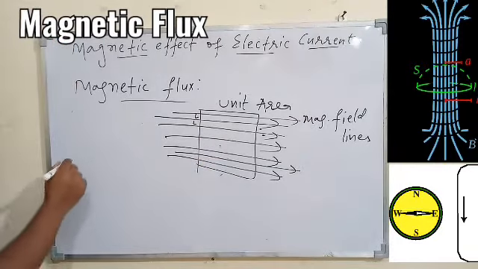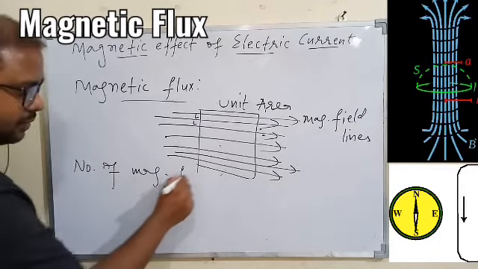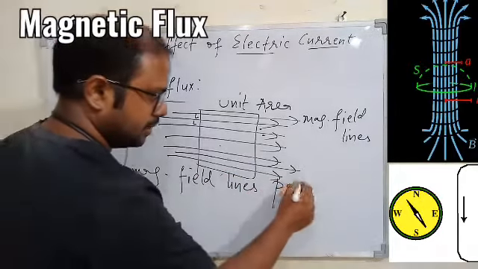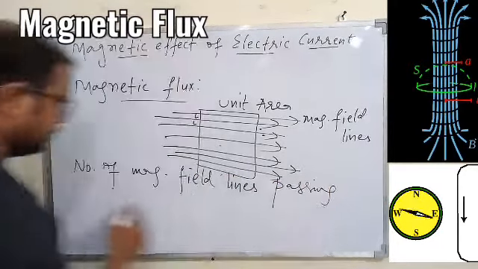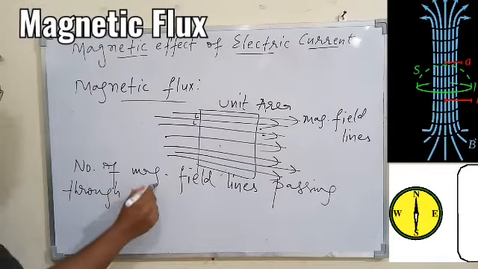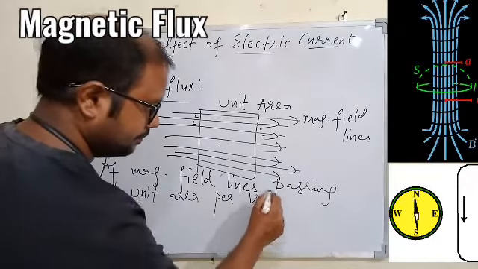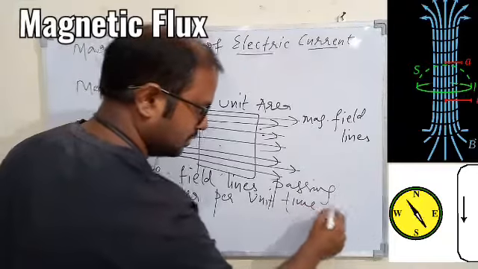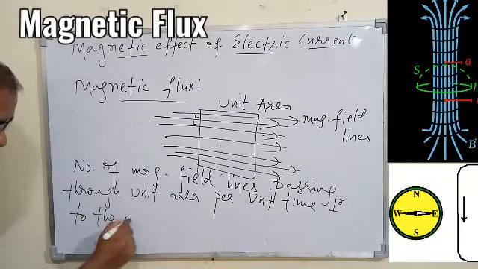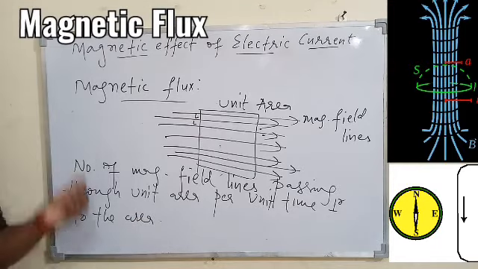Briefly, the number of magnetic field lines passing through unit area per unit time perpendicular to the area is called magnetic flux.